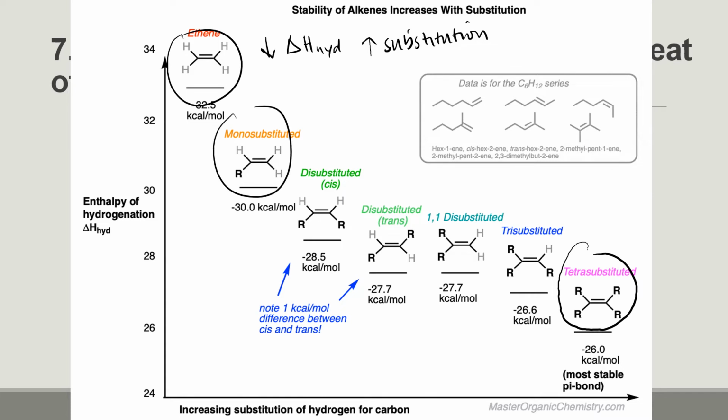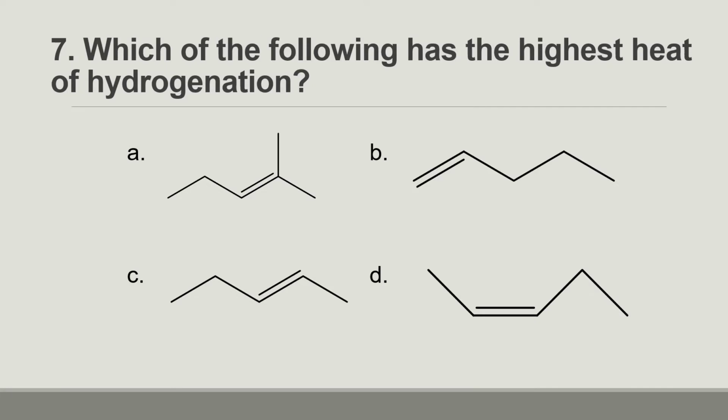So let's go back to the question. So let's look at A. Si A, meron siyang, ito yung double bond mo, no? So meron siyang 1, 2, 3 distinct substituents. This is tri-substituted. Let's go to B. B has 1, yan.